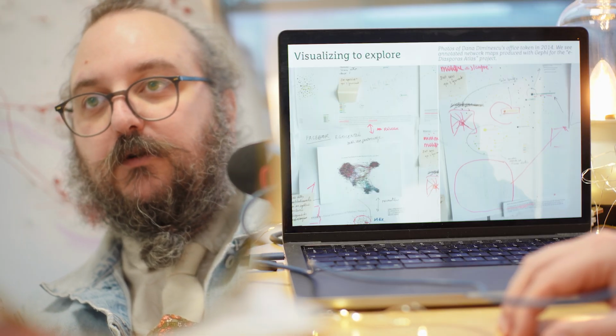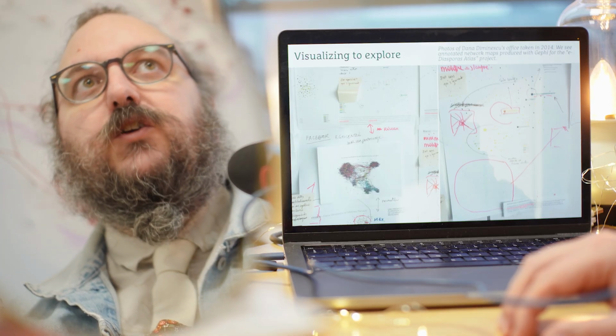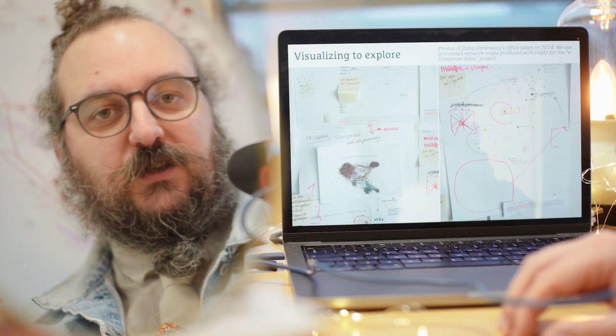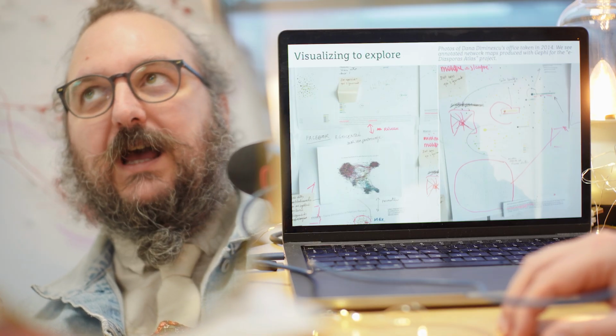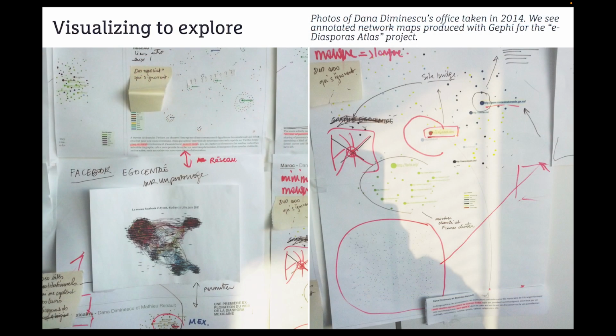So we have worked with all those people using network visualization as a way to work collectively, as a way to interact with them, as a way to find new questions to explore, as a way to have new hypotheses emerge. So it was a way to do research.